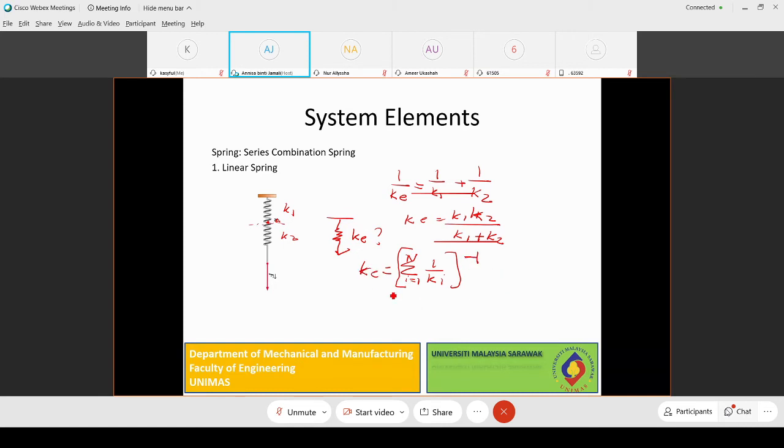Then only you can get the KE value. So potential energy for this linear spring series combination is still the same.